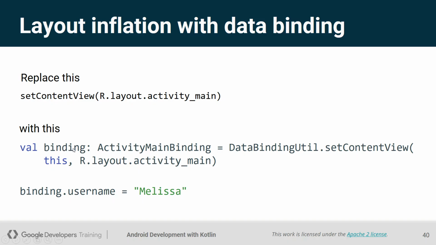So variable binding, then you say the activity main binding, and then you bind it with the data. And when you're using the data, then you have to call the utility value to allow setting of the content view values to be seen. Then you have to call what data binding you want to assign.